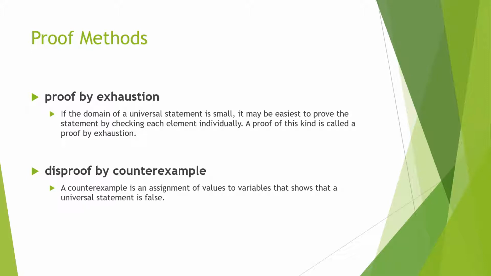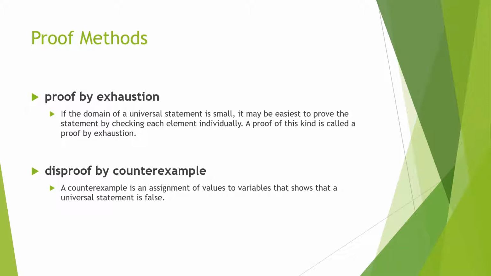This one is called disproof by counterexample. Basically, using a counterexample, you can disprove a universal statement, or a universally quantified statement. A counterexample, as we saw before, is an assignment of values to variables of a universally quantified statement that shows that the universal statement is false.